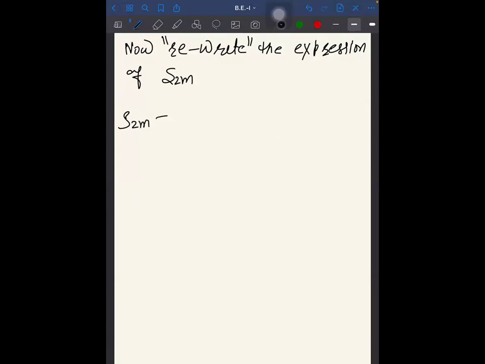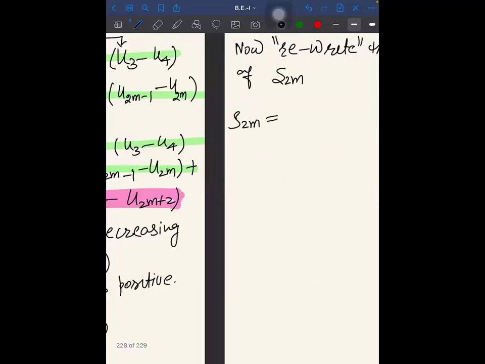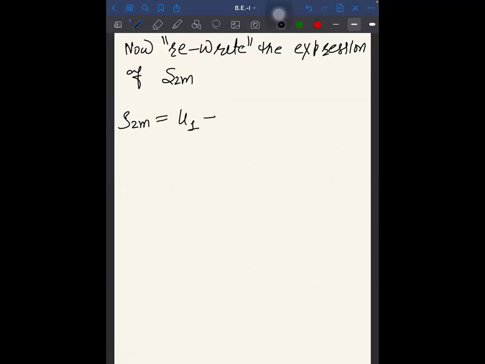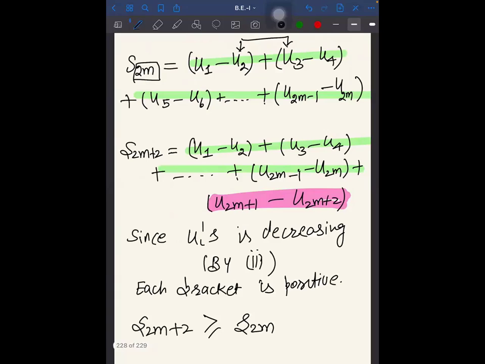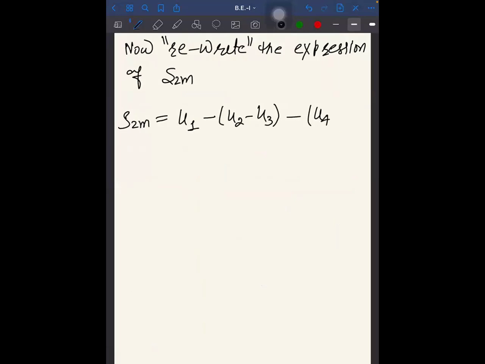S2m can be written in the same way as U1 minus U2 minus U3, then minus again U4 minus U5, and so on, and last I would like to write it as U2m minus 2 minus U2m minus 1 minus U2m. Can I rewrite it in this way? Is it okay now?